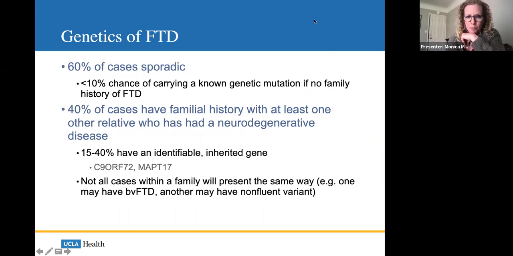About 15 to 40% actually have an inherited, identifiable gene. So this is one of those diseases where there is more research in terms of genetic traits and genetic predisposition.